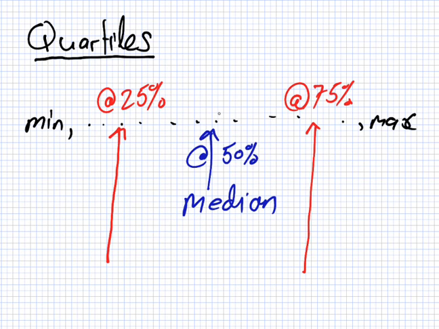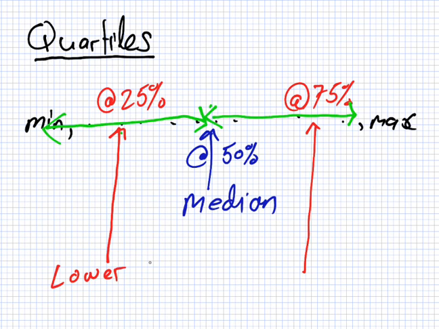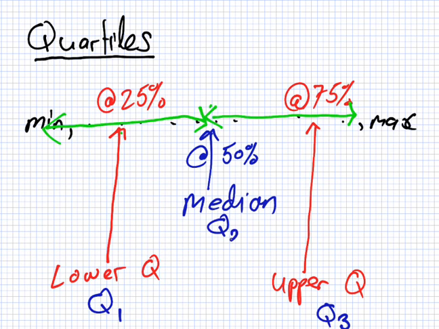Or, another way I think about it is the lower quartile is the median of the first half and the upper quartile is the median of the second half. So this is the lower quartile and this is the upper quartile. And in fact, we normally call this one Q1, and we call this one Q3. So no prizes for guessing what the median is supposed to be, Q2.